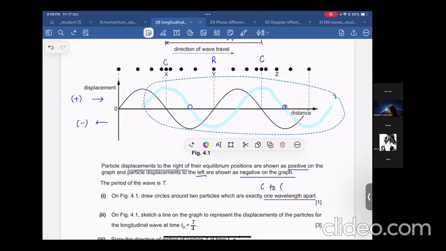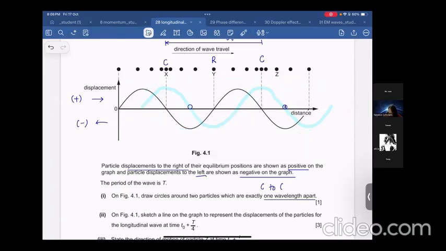So just now the two points you have to ignore. Wait, let me erase first. One more time, I draw the line here, here, here, here. Okay. If moving half a wavelength, it is this.